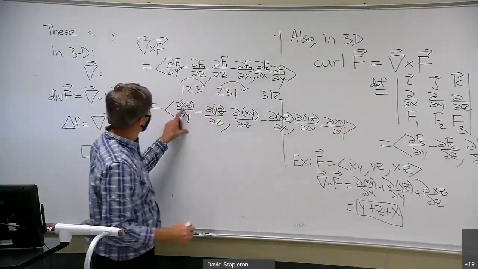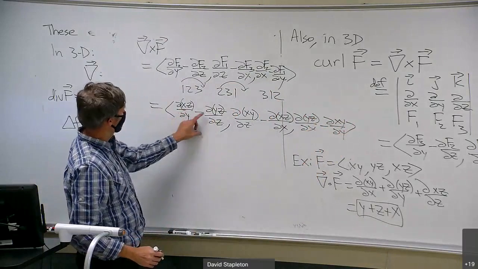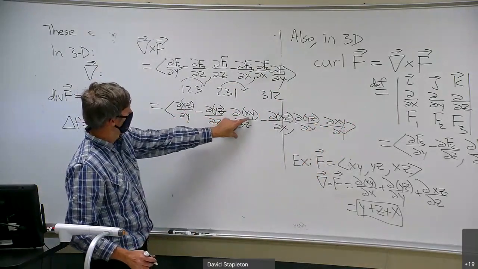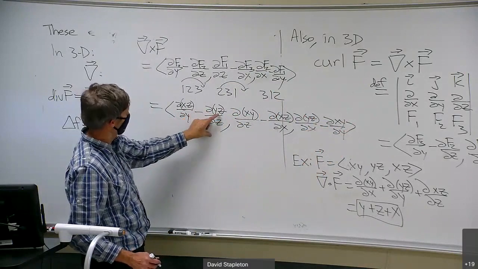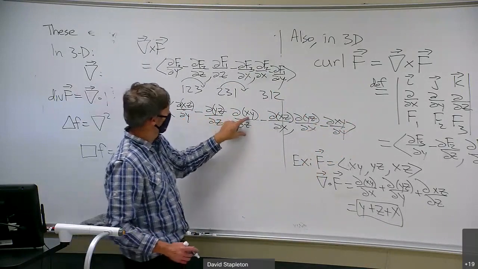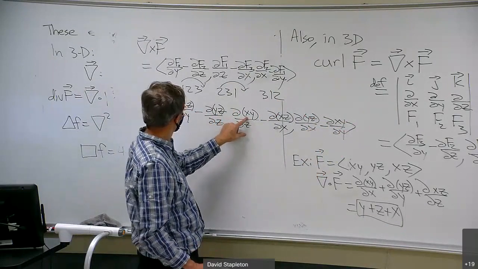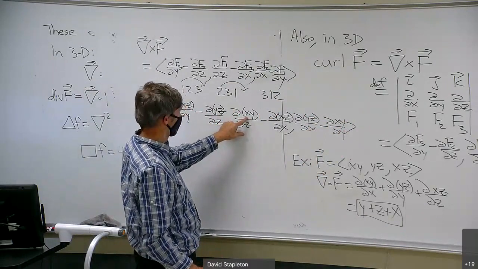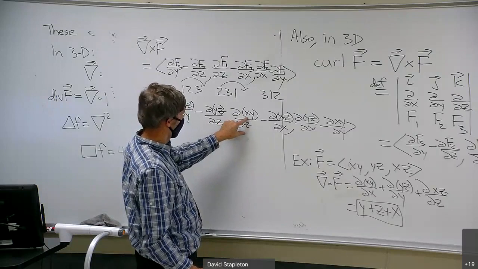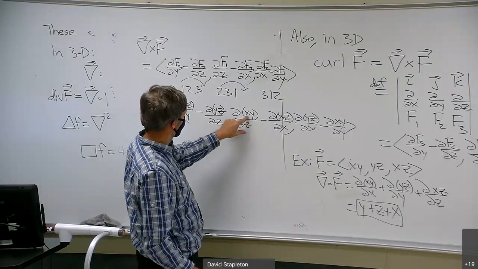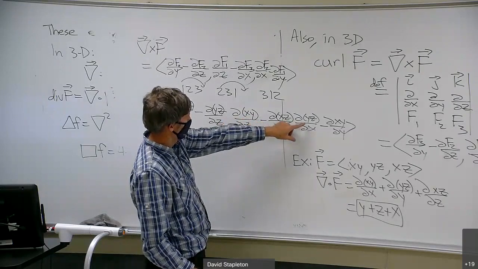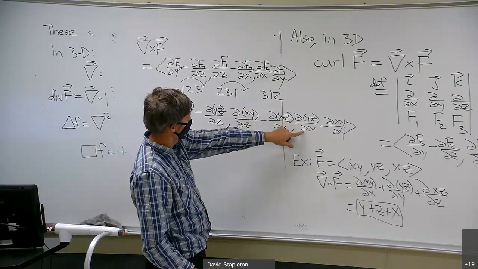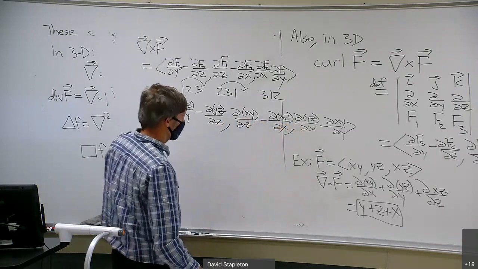So it's like 3, 1, 3, 2 should be 3, 2, 3. One, 3, should be 1, 3. Good.